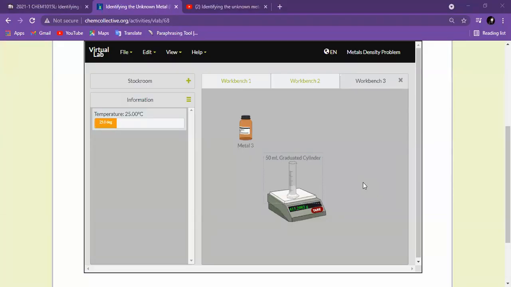Throughout this mini experiment, we found out the density of the 3 unknown metals, which were silver, rhodium, and platinum.